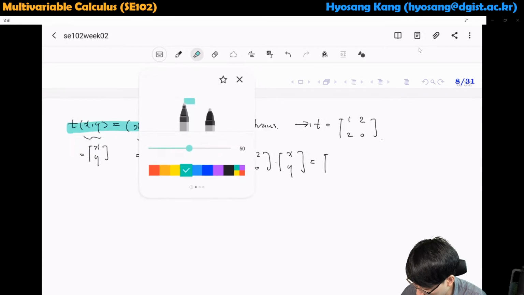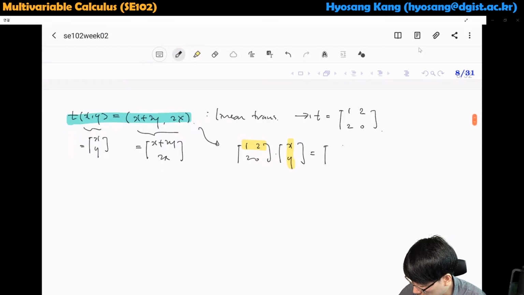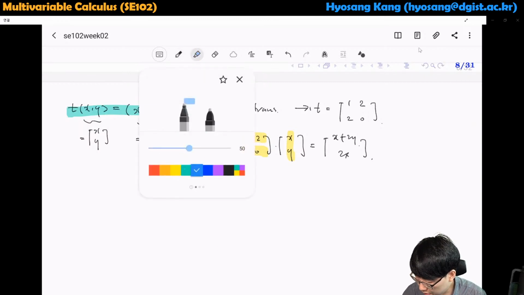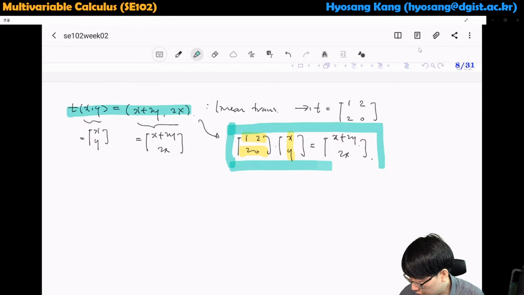If you remember the rule of matrix multiplication, (1, 2) times (x, y) gives x plus 2y, and (2, 0) times (x, y) gives 2x, right? So this equation, the definition of the linear transformation T, is exactly the same as writing the matrix multiplication. So you can identify your linear transformation T by this 2 by 2 matrix.